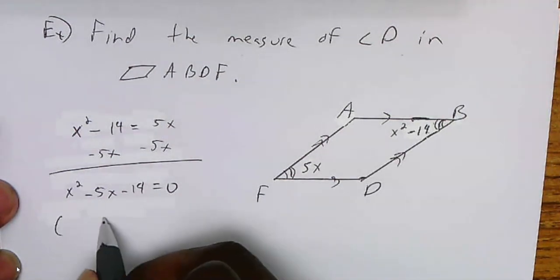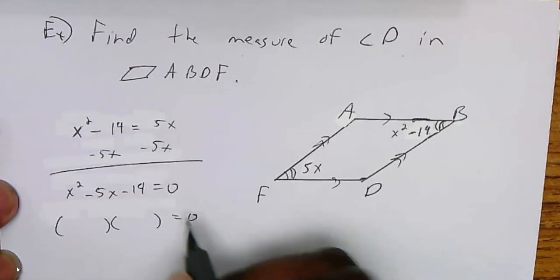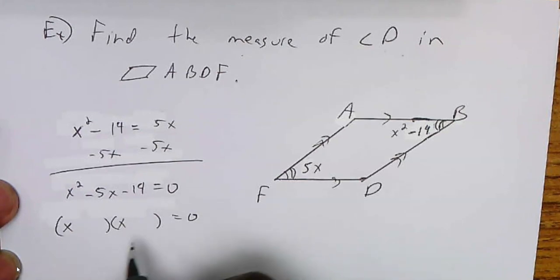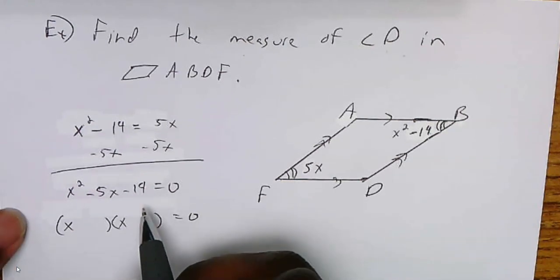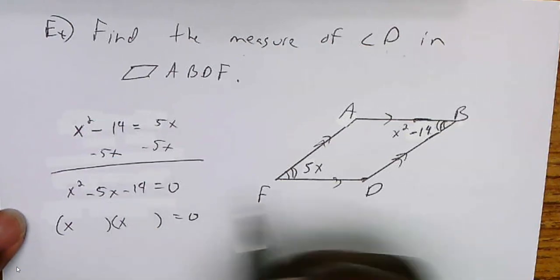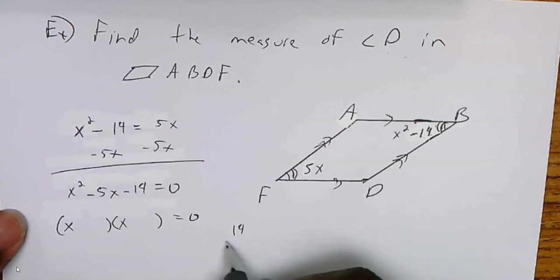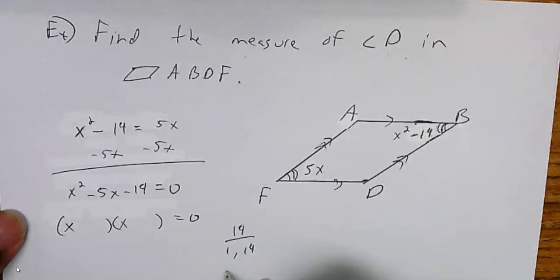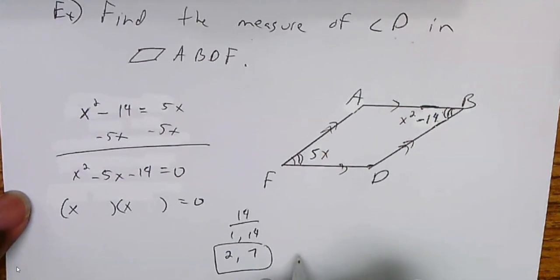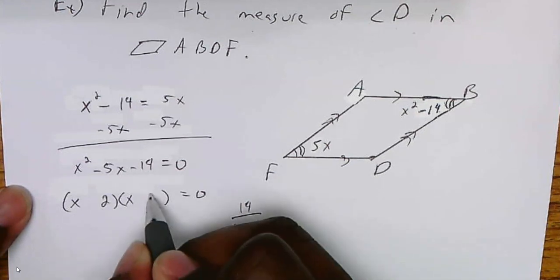And basically this is pretty easy to factor because, well, this is x squared, so each one is x here. And you're essentially looking for numbers that multiply to be 14 and add to be 5. So numbers that multiply to be 14 are 1 and 14, and 2 and 7. So 2 and 7 could add or subtract to be 5. So I'm going to use 2 and 7.